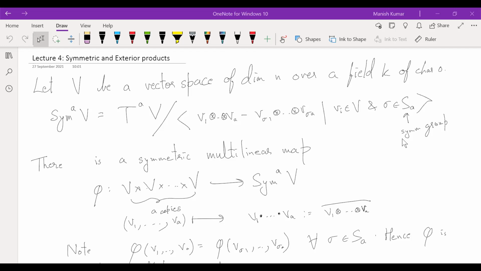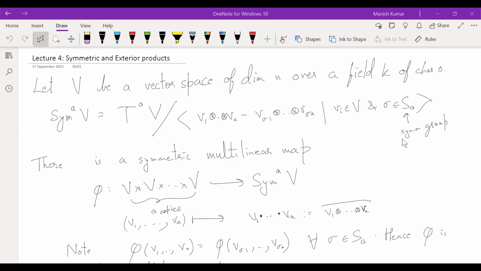So Sym^A V, where A is some positive number, is T^A V modulo, you quotient it out by the subspace generated by these kinds of vectors.